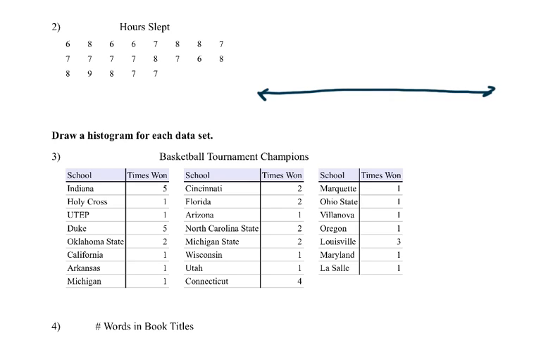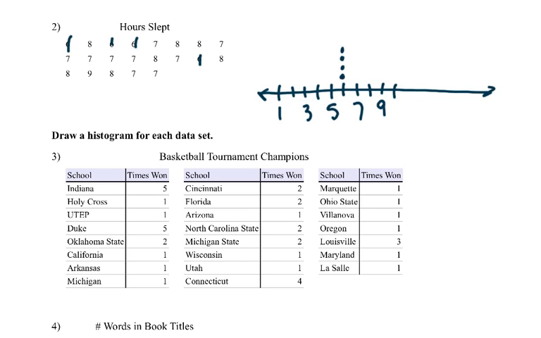Looks like our lowest is about 6, so I could probably start there. And then for however many there are, that's how many dots I do. So we've got 1, 2, 3, 4, 4 at 6. So I go 4 dots at 6.